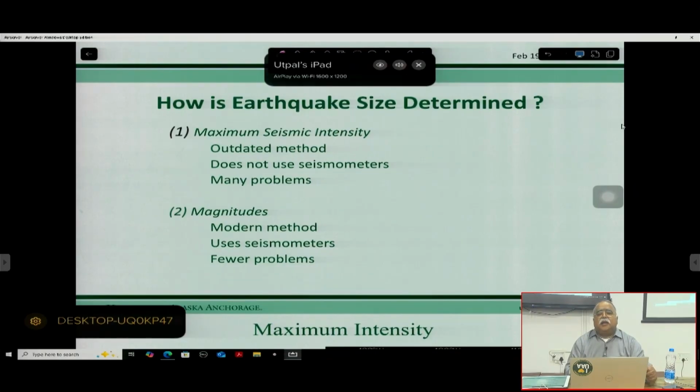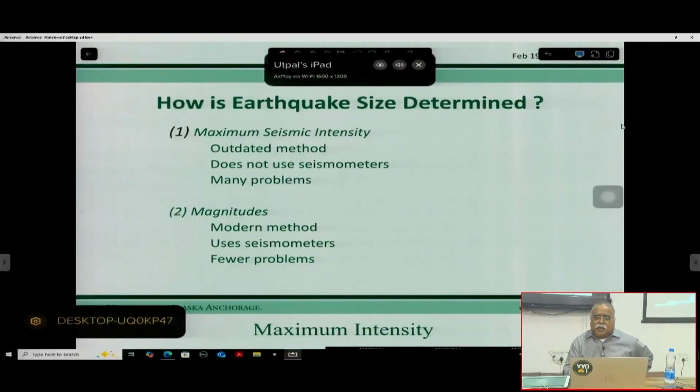Earlier, before the instrumentation was implemented in 1930 or afterwards, the size was determined by the amount of destruction it has done.